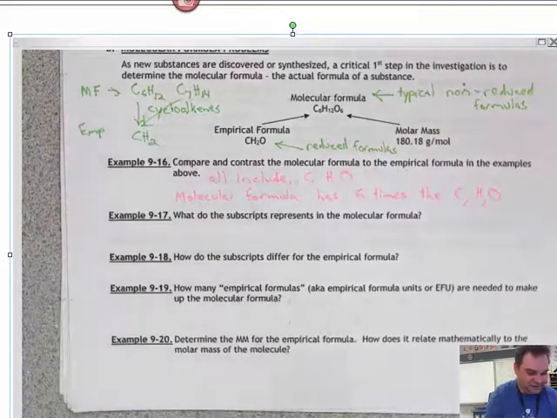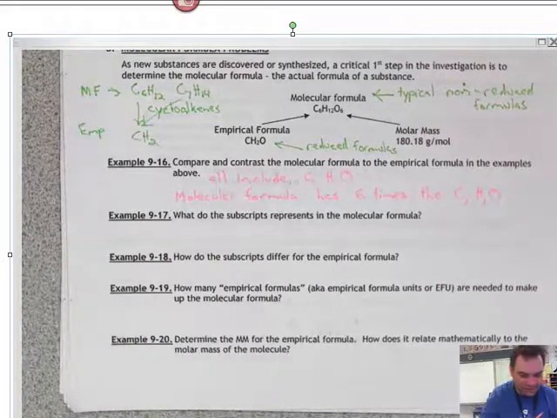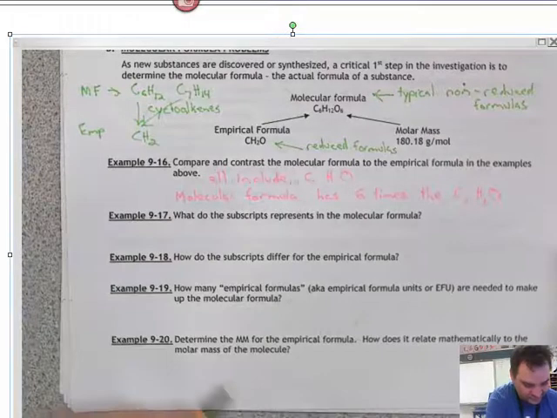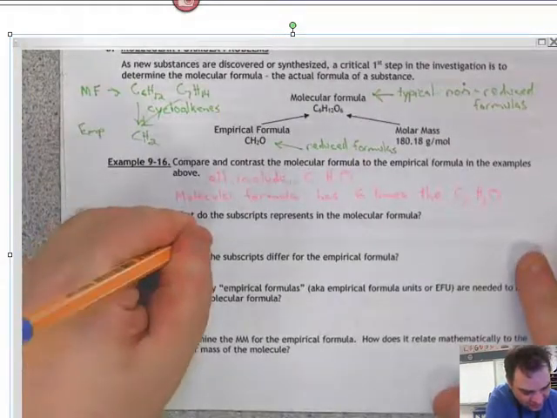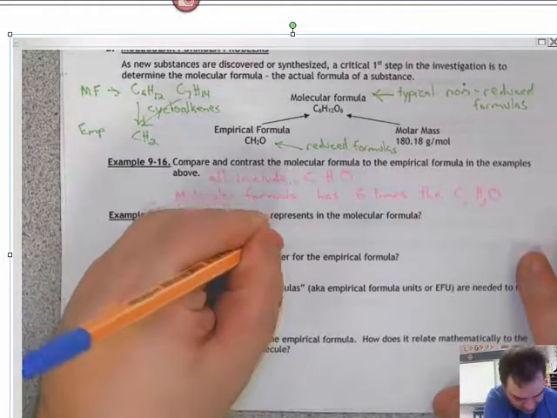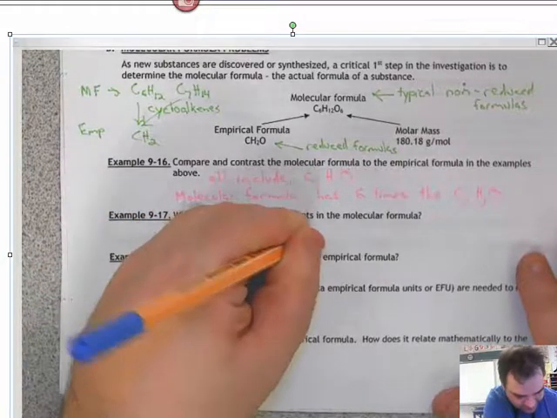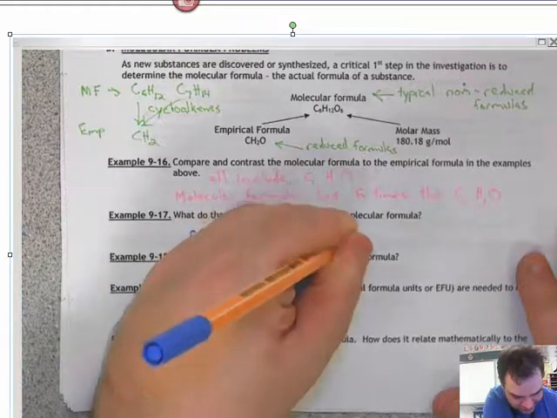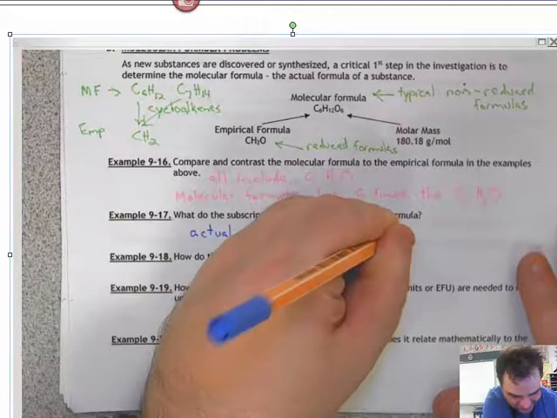What do the subscripts represent in a molecular formula? They represent the actual number of atoms bonded together.